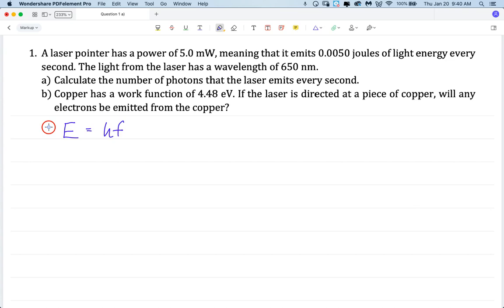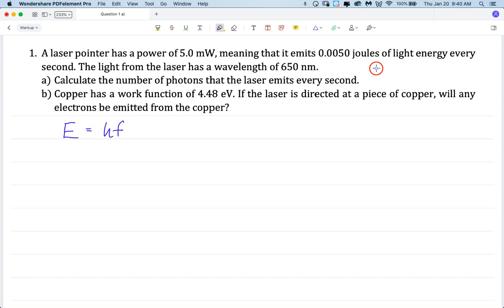Once you've found the energy of these packets, it's then a matter of determining how many packets would be needed to create a total of 0.005 joules of light energy. So that's the basic approach to the problem.